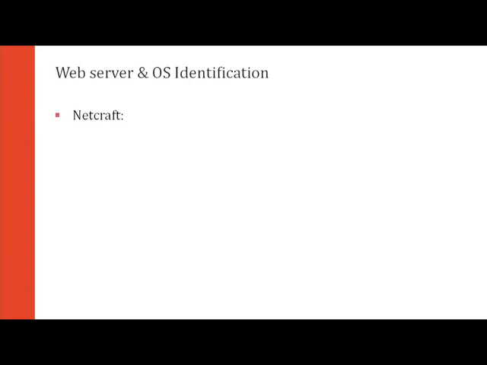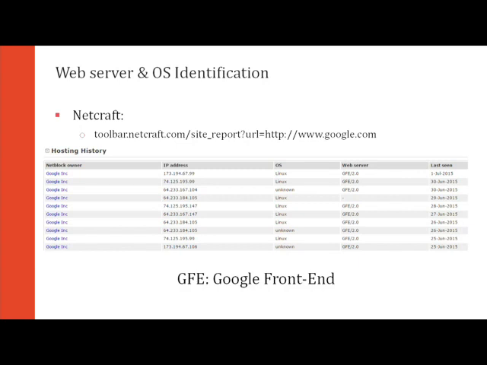Okay, another way is with Netcraft. Netcraft is a really good website, has existed for probably 15 years or more, and that website holds different information about websites. Specifically for us, it will give us information like the last date seen for that specific web server, what was the version running, what was the operating system, the IP address, and that is very useful.